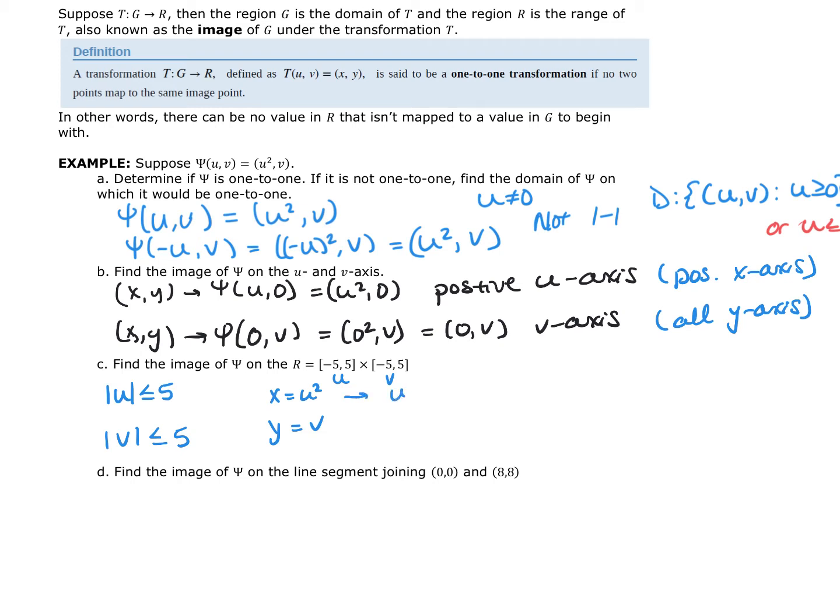From this, we know that u is going to be plus or minus the square root of x, and v is going to equal y. That means the absolute value of plus or minus the square root of x has to be less than or equal to 5. Since the smallest value I could have for the square root of x is 0, the square root of x is greater than or equal to 0 but less than or equal to 5, because I'm taking the absolute value of it. Now if I square everything, I get 0 is less than or equal to x, which is less than or equal to 25.